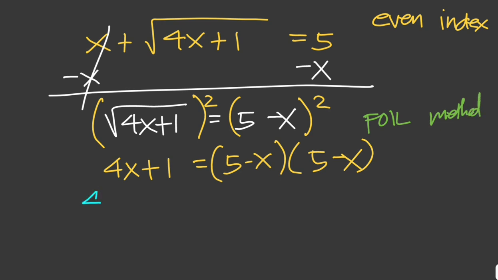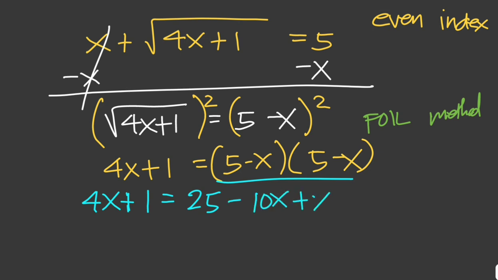Using the FOIL method, this is equal to 25 minus 10x plus x squared. You just multiply 5 times 5, negative x times 5, plus negative x times 5, plus negative x times negative x. And then we get that one.